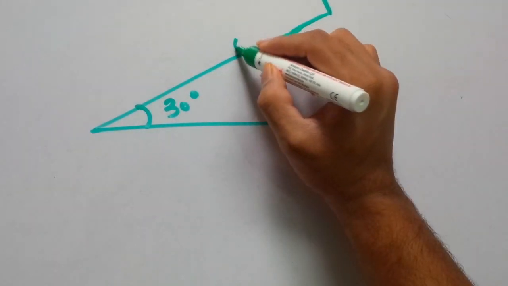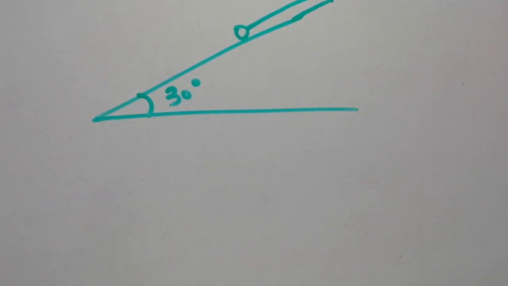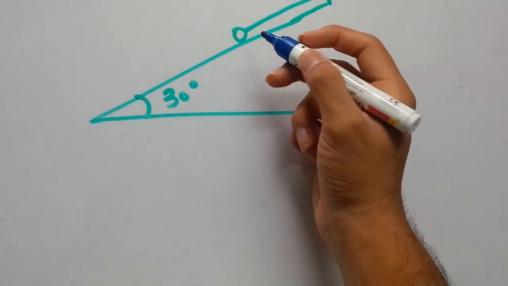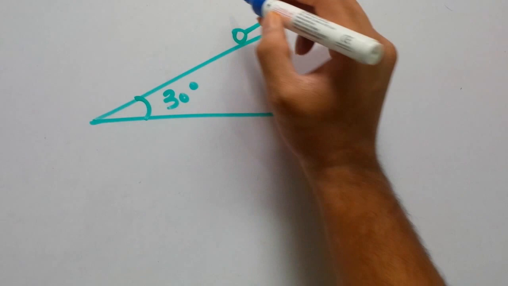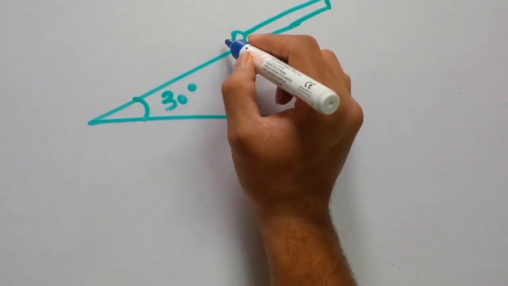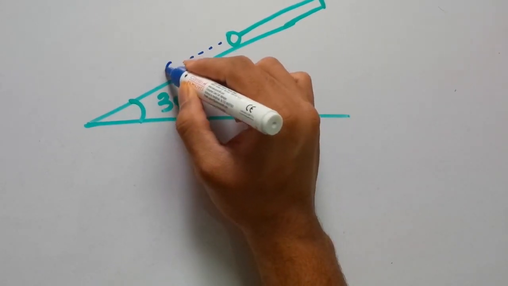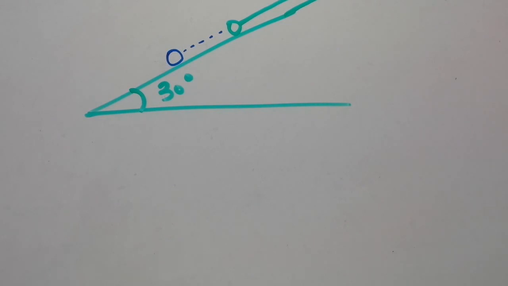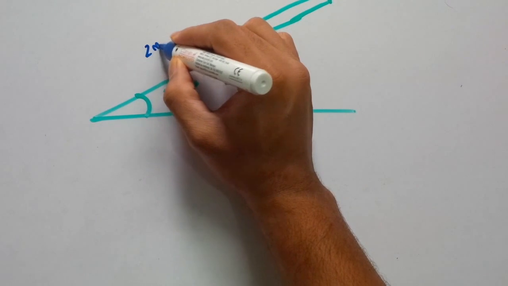Initially we have a particle here. Now this particle is projected down the plane with a speed of 5 meters per second. So the motion of this particle is going to be somewhere here. It's going to come there with a speed of 2 meters per second.